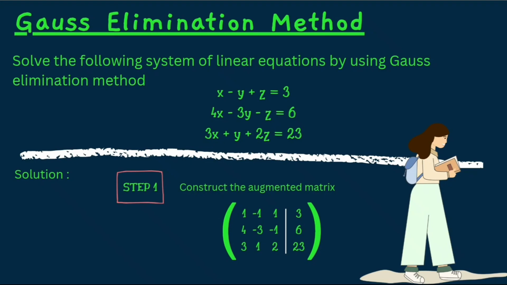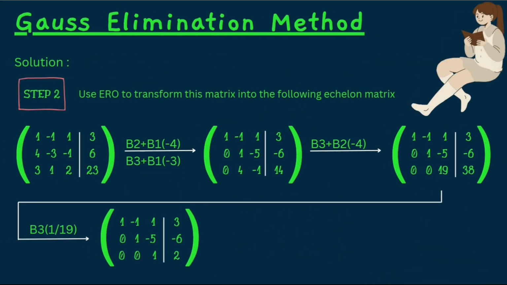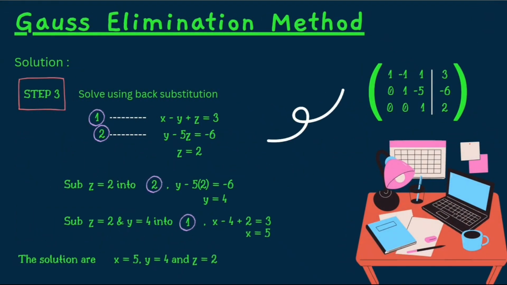Construct the augmented matrix. Step 2. Using ERO to transform this matrix into the following echelon matrix. Step 3. Solve using back substitution. Then we can get the solution that x equals 5, y equals 4, and z equals 2.